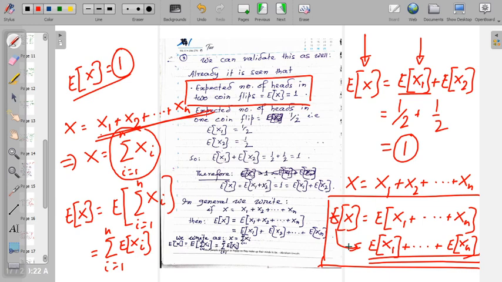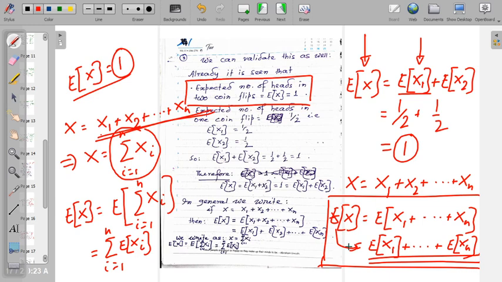What is the expectation we will be doing in the coin flip experiment? Average time complexity. Okay, sit down.